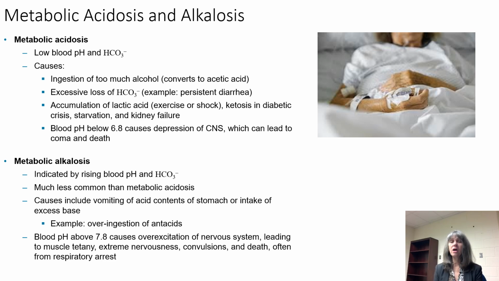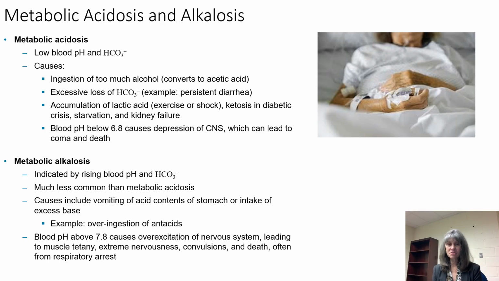It could be due to loss of bicarbonate from persistent diarrhea or an accumulation of acid like lactic acid from a lot of exercise or shock, or ketosis during a diabetic crisis or starvation. It can be caused by kidney failure as well. So when blood pH falls below 6.8, that can lead to depression of the central nervous system, which can lead to coma and death.